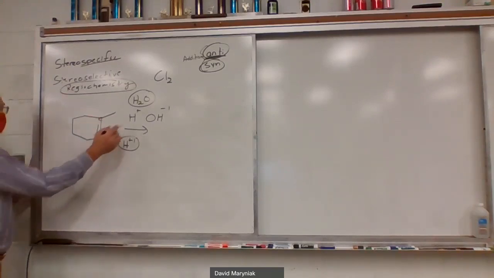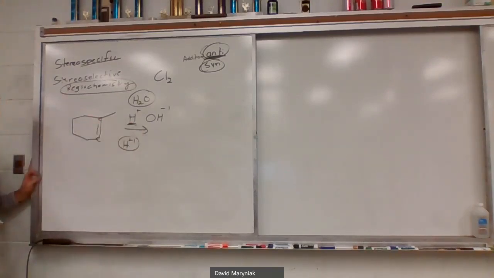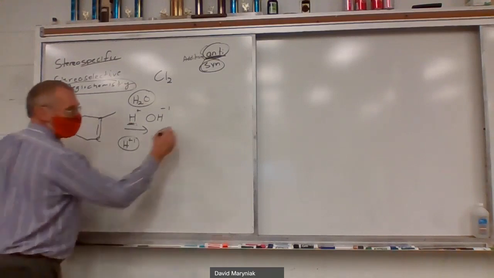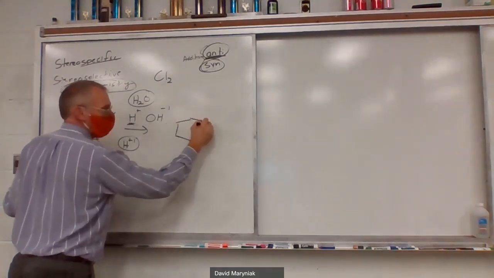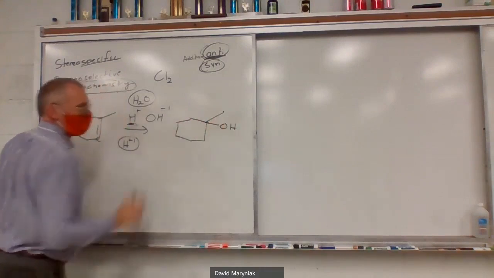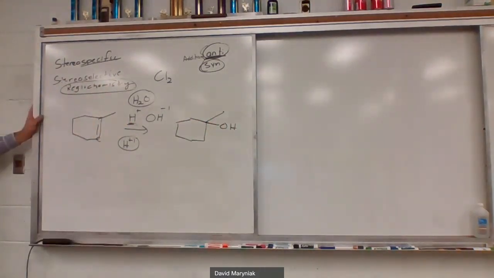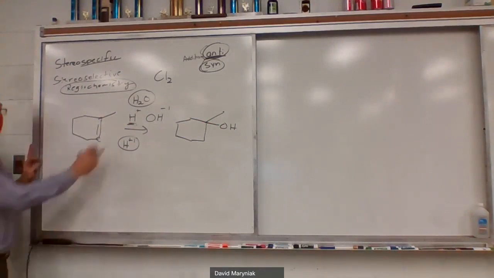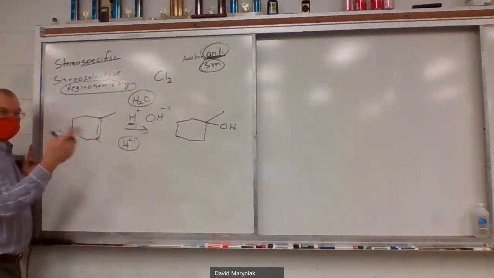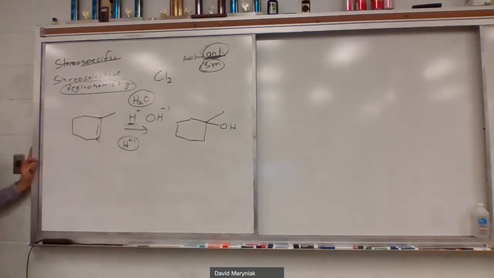Which C is going to get the incoming H? That C or that C? That one, because that C has more H's right now. It's going to get the incoming H, and it's going to get the OH then, the other C. Do I have to draw this H in on that C, or can we see that it's there? Hope we can see that it's there.